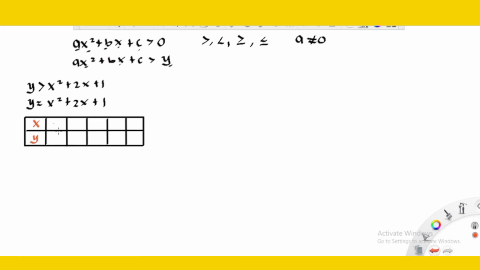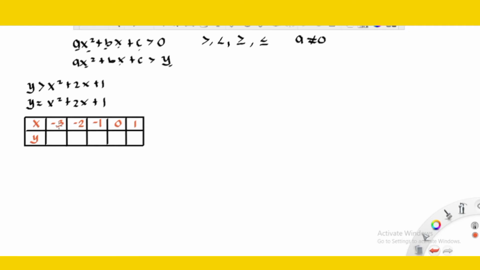So let us assign any values for x. Let's say, let's use negative 3, negative 2, negative 1, 0, 1. Okay? So, make sure that the values of x we assign are consecutive integers, or in the order they appear on the number line.